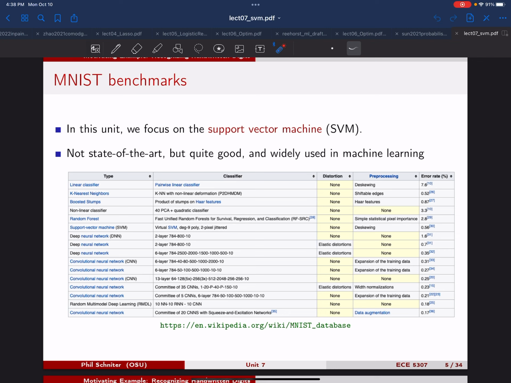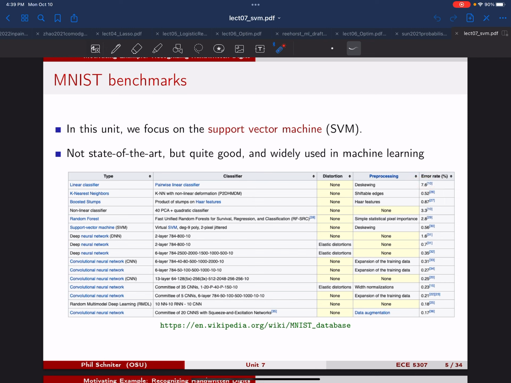It has been eclipsed by deep learning, but here's a Wikipedia page on MNIST that gives a list of examples of different methods. So the very first one is a linear classifier. It's a pairwise linear classifier. So this is not something we learned about, but it's kind of like a weak linear classifier that has an error rate of 7.6%.